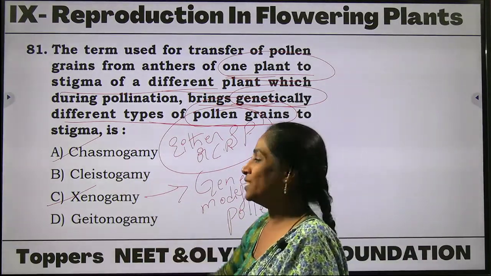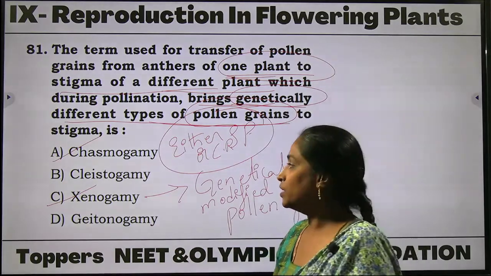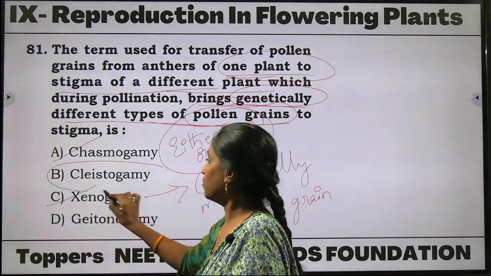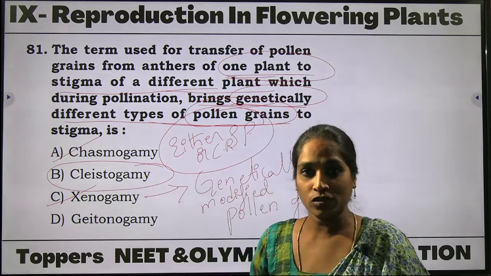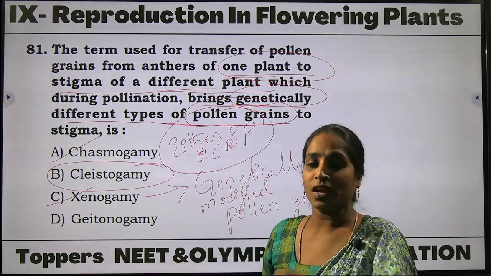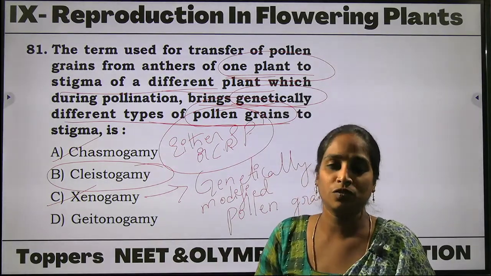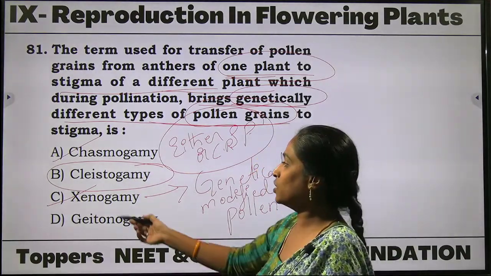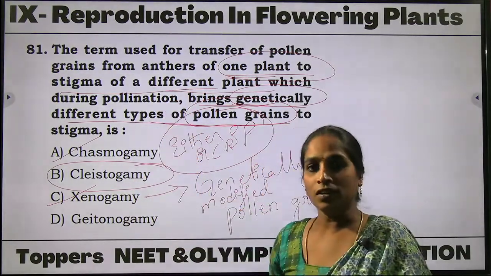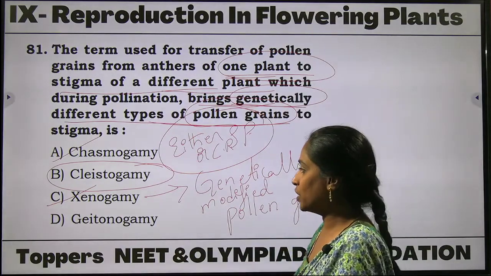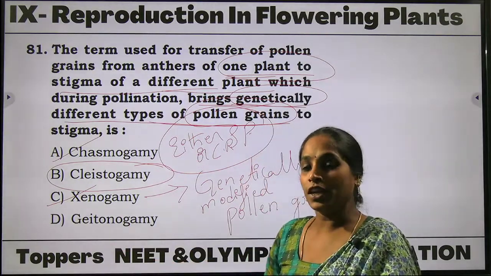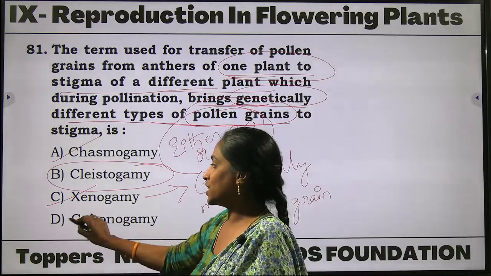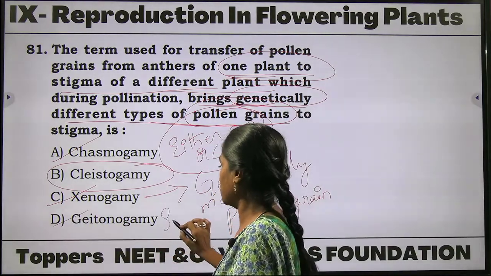And coming to cleistogamy, what is cleistogamy? Within the closed flower we can observe the process of pollination. In unopened flowers we can observe the cleistogamous pollination process. And what is xenogamy? This is the definition part. And what is geitonogamy? Geitonogamy is a type of self-pollination process.